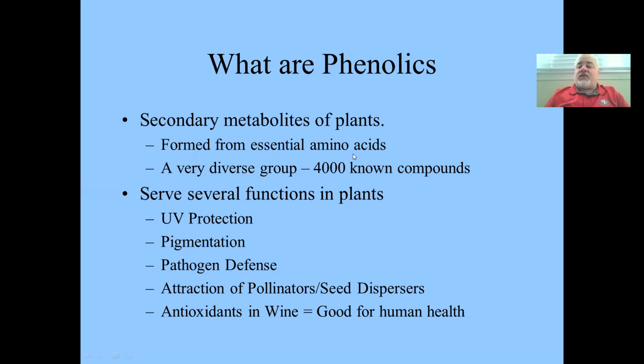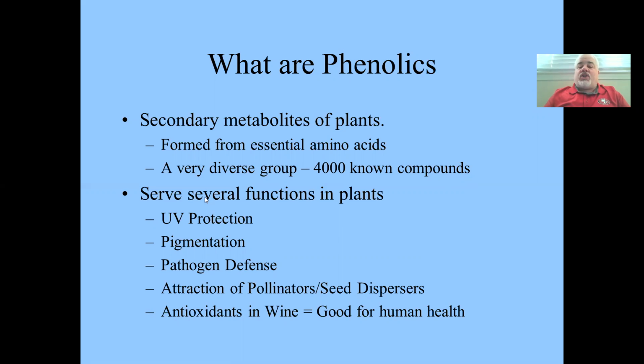And so these amino acids are common in all plants, and as these are metabolized or utilized, they have these byproducts called phenolics. And it's a wide group, over 4,000 known compounds that include this group.